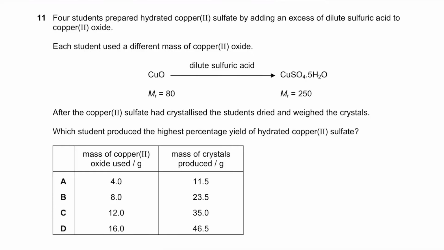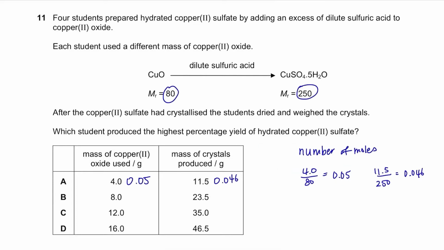To compare the percentage yield, find the number of moles from each mass of copper oxide used and the mass of crystals produced. For A, the number of moles of copper oxide used is 4 divided by 80, the relative molecular mass of copper(II) oxide, which is 0.05, and for crystals produced, it's 11.5 divided by 250, the relative molecular mass of crystals, and you'll get 0.046.